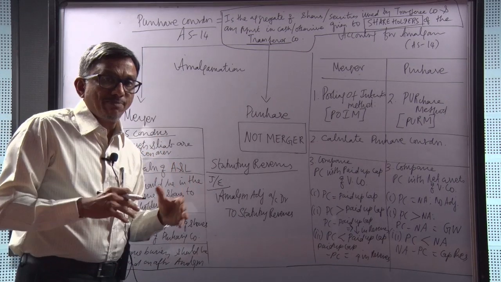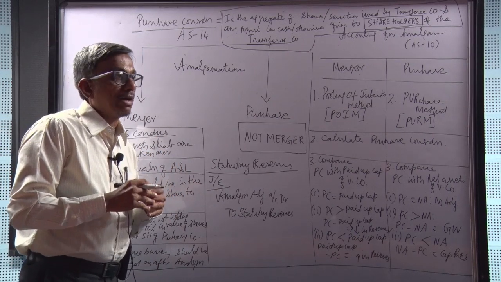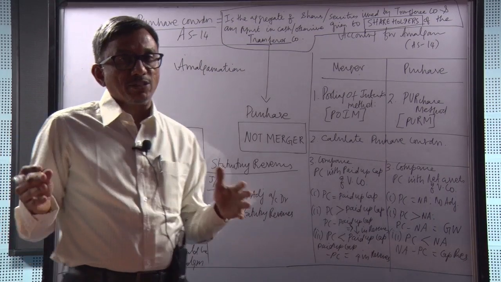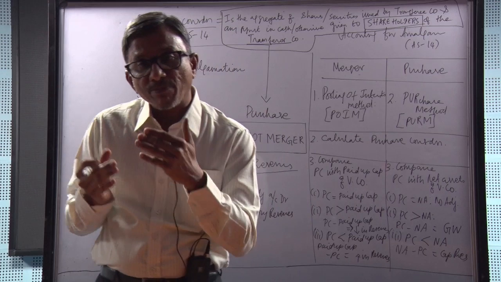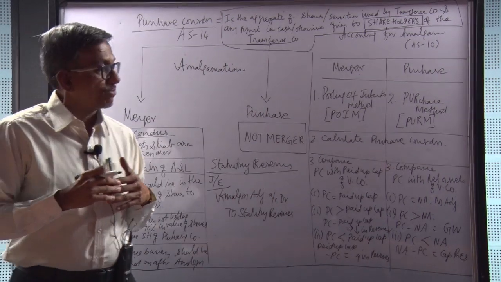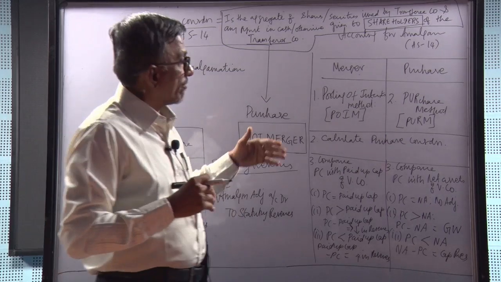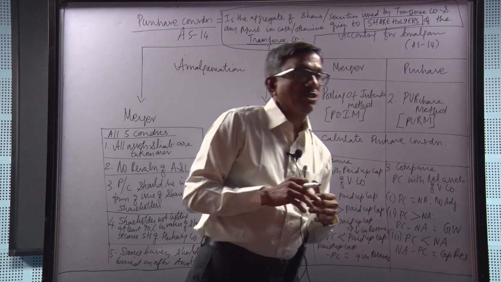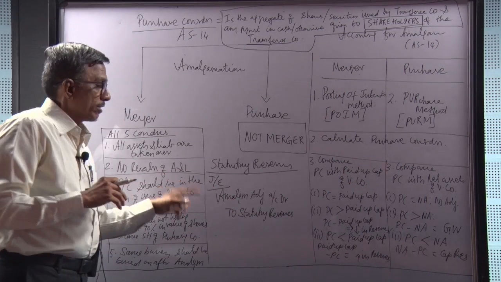The accounting treatment will change. So identify whether it is merger or purchase, calculate the purchase consideration, then apply the respective method: pooling of interest method for merger and purchase method for purchase. This is also very important.